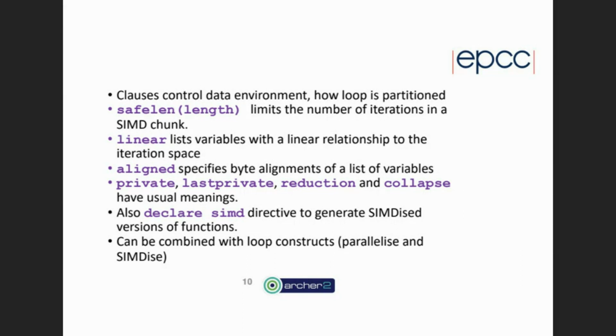And in general, the compiler can't always tell what the alignment is of variables, particularly if they're passed by address through an argument list. Then the compiler essentially has no knowledge of the alignment. So this allows you to tell the compiler what the byte alignment is, and help it generate the vectorized code.